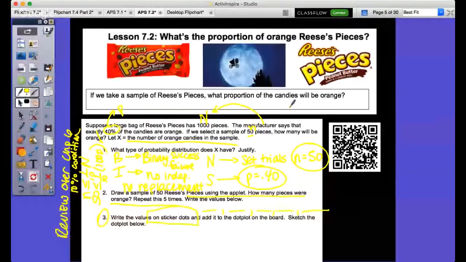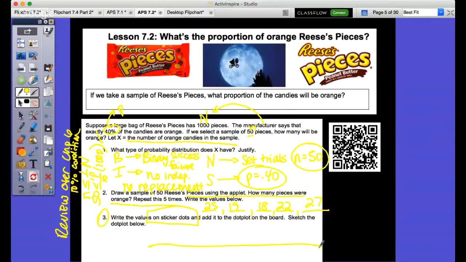Okay? So once you do that, I'm going to take all 5 of these. So 25, 19, 18, I think I had a 22 in there, and then a 27. And I'm going to take each of these as a specific dot. On the dot plot over on the side, maybe we start at 15.